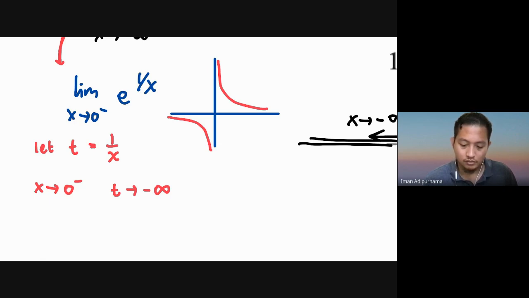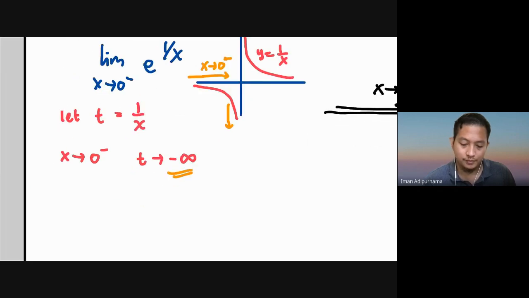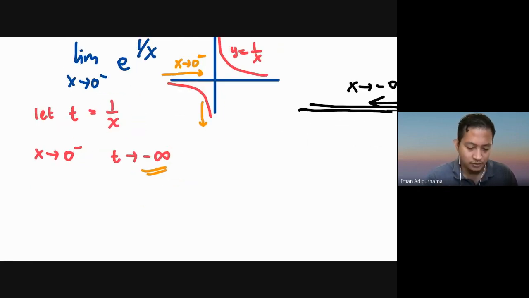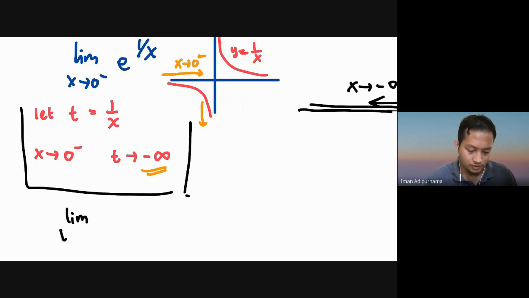Let me use a different color. So this is x going to 0 from the left, and it's going down, so it's going to negative infinity. This is y equals 1 over x. Now from here we can put it into our limit.